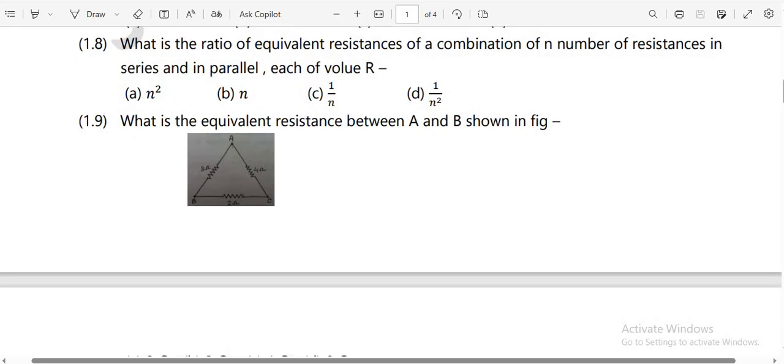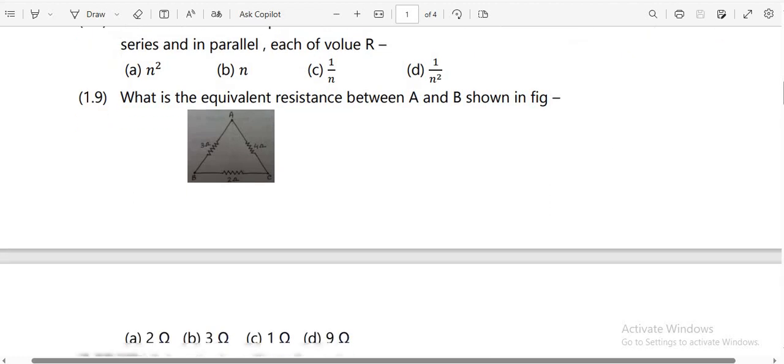1.9 What is the equivalent resistance between A and B shown in figure? Figure: AB 3 ohm, AC 4 ohm, AB 2 ohm.